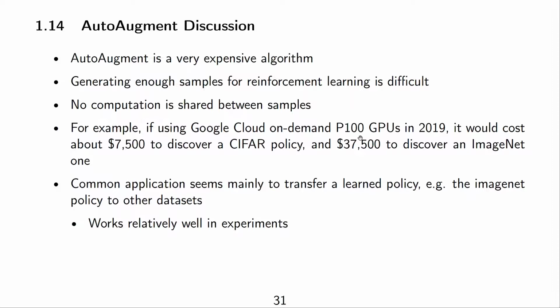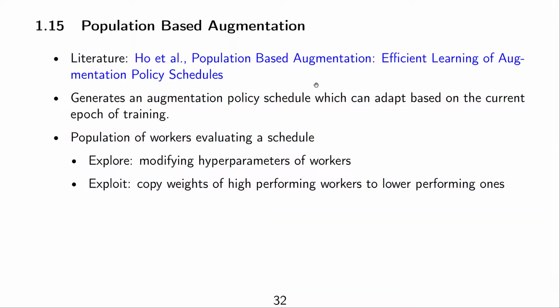If you would use Google Cloud on demand for a P100 GPU, looking at the table in the paper, it would cost you $37,000 to discover an ImageNet policy. This is quite expensive. So the common application seems to be mainly to transfer a learned policy, for example the ImageNet policy, and use it on other datasets. This is what the authors also propose in their paper.